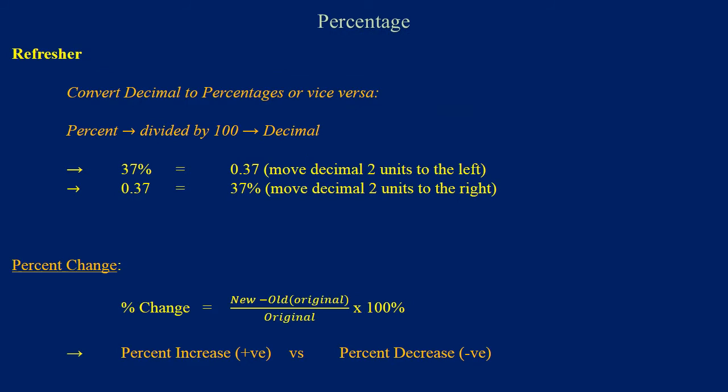Now let's have a quick refresher. When we're converting decimal to percentages or percentages to decimal, what we're going to do, right? So a percentage divided by 100 gives us a decimal answer. So basically, when we're converting percentage to decimal, we'll be moving the decimal 2 units to the left, and in case of decimal converted to percentage, we're going to move the decimal 2 units to the right.